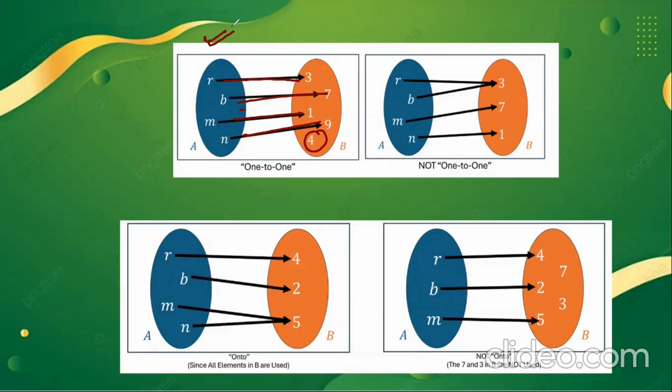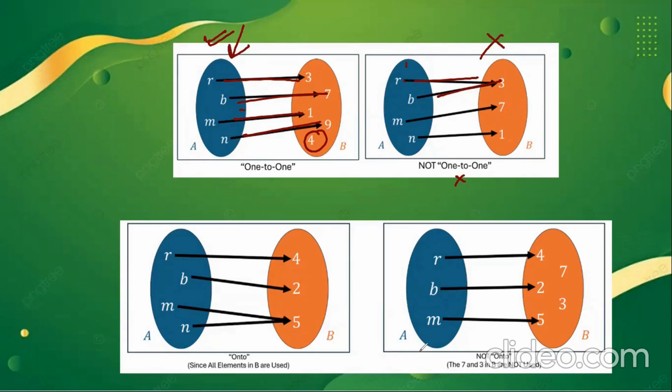A single input can't give so many outputs. So we just have to watch out for set A, that it should give me a single output and no two inputs give me a single output, right? Now, this is not a one-to-one function because two different inputs give me a single output. One-to-one means single input, single output, and it should be fixed.